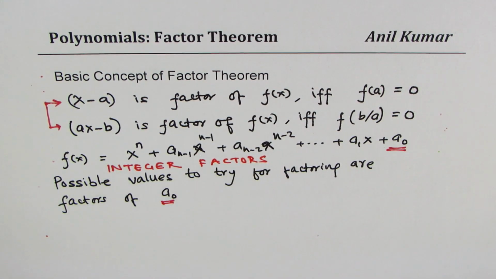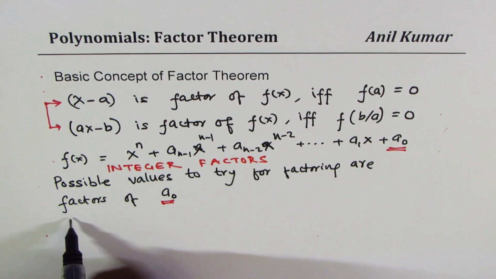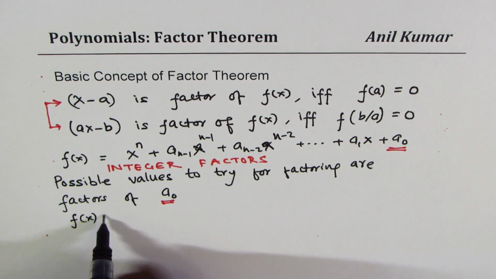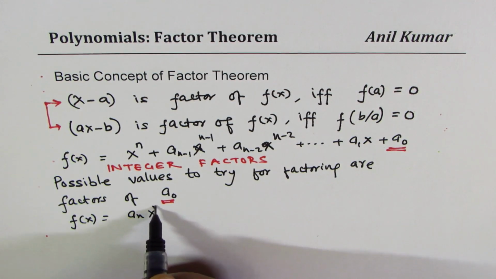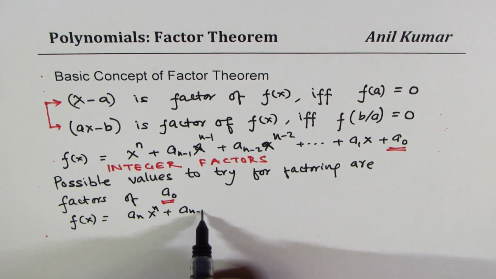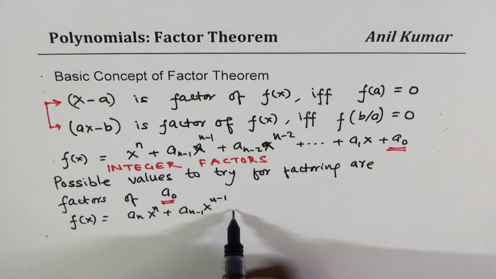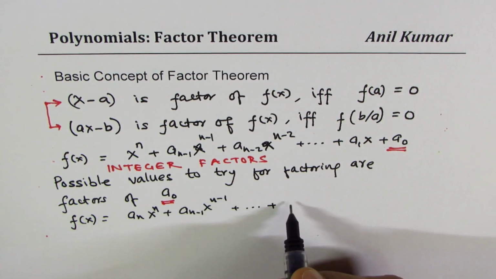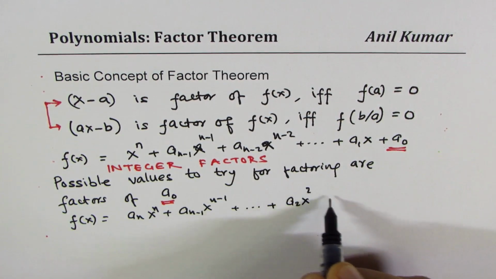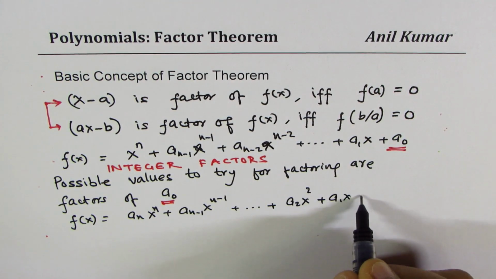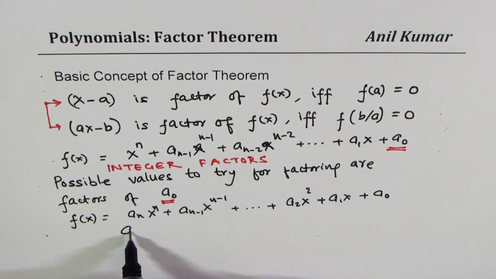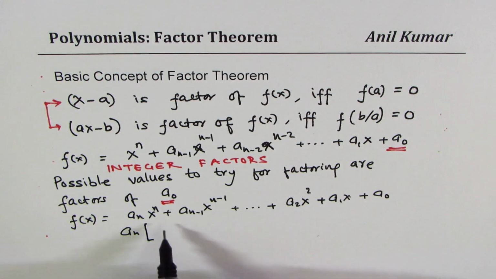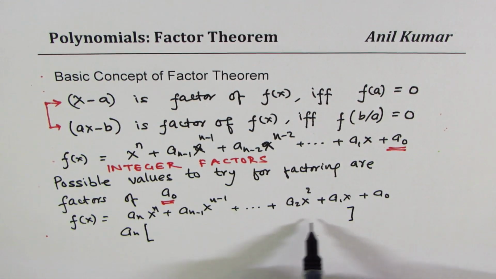Now it could be extended. At times we could have a polynomial with some other term here, for example, an x to the power of n plus an minus 1 x to the power of n minus 1, general polynomial, right? Let's say we have a2 x squared plus a1 x plus a0. Now in this case, you could actually take an common. If I take an common, then we get everything inside.